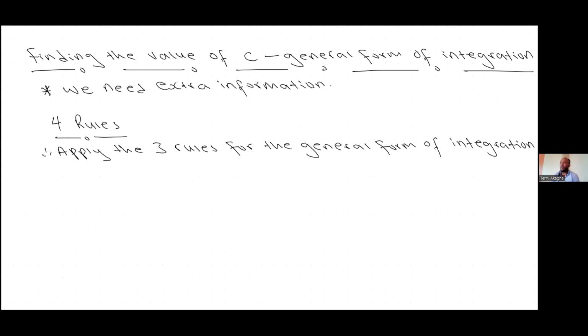Number 2, then you substitute the X and Y coordinates. Okay, so you need to have the extra information, which basically means that you have the X and Y coordinates, into the answer from step 1.